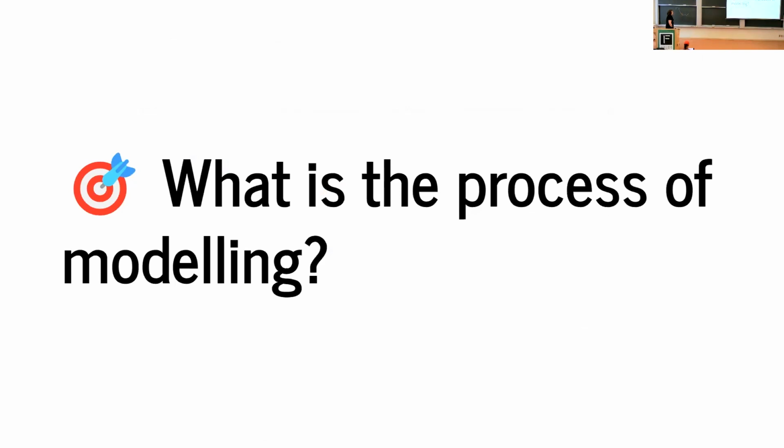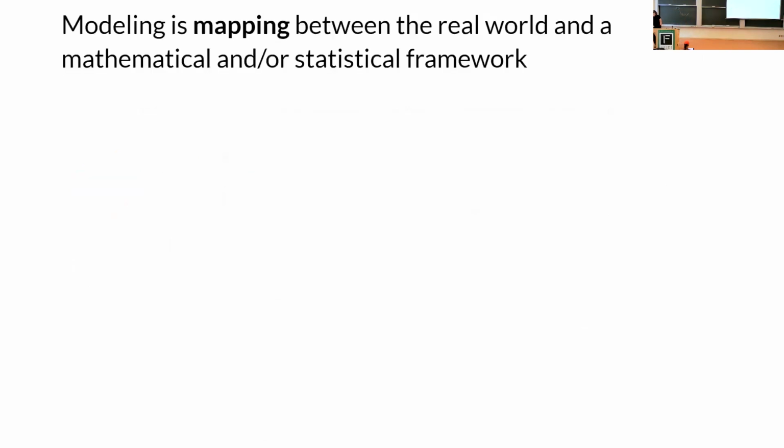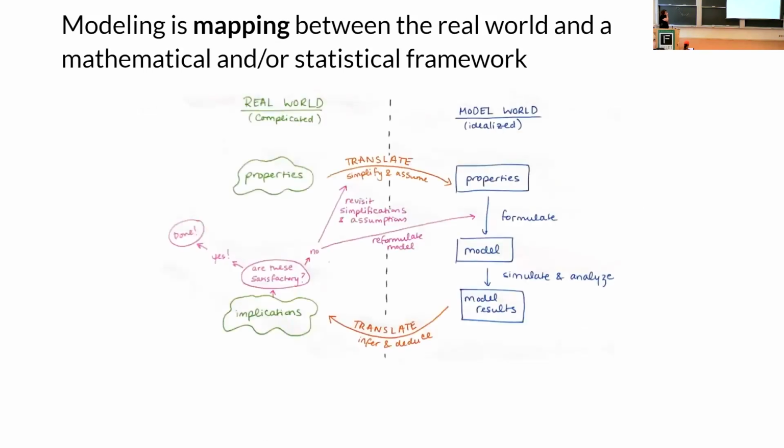Okay, so what is the process of modeling? We got a little teaser earlier. I like to think about modeling as the process of mapping between the real world and a mathematical or statistical framework. So here's a very official diagram.